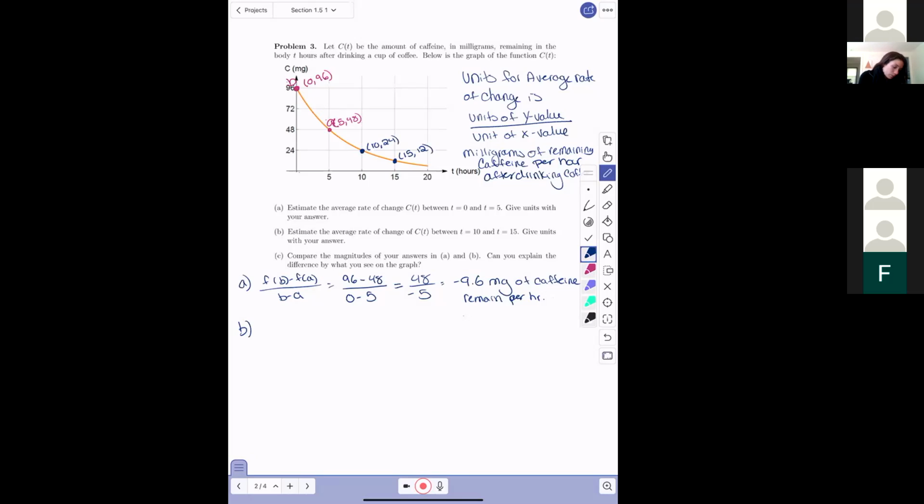Okay, so we'll call this B and this one A. F of B minus F of A all over B minus A. So we have 24 minus 12 all over 10 minus 15, which is equal to 12 over negative 5, which is equal to negative 2.5. So milligrams of caffeine. So actually, I'll write it.